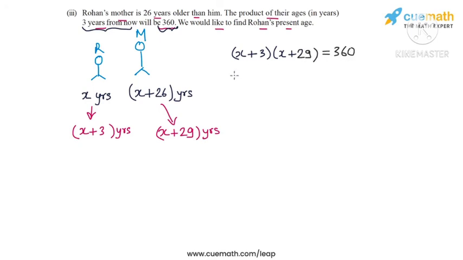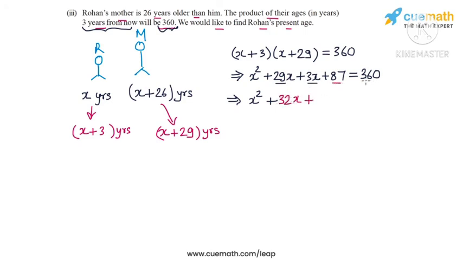And from this we can write a quadratic equation in x in standard form. So let's expand this product on the left side. We have x square plus 29x plus 3x plus 29 times 3, that's 87. So this is equal to 360, and this means x square plus 29 plus 3, so that's 32x, and then we have 87 minus 360, that is equal to 273.